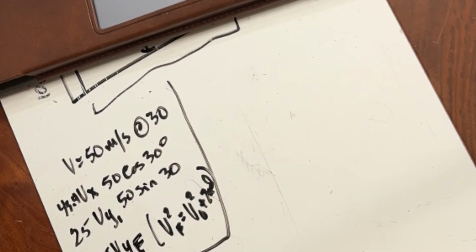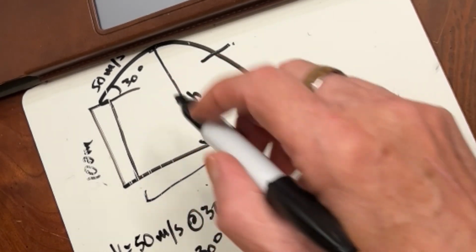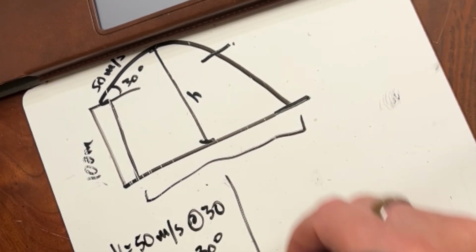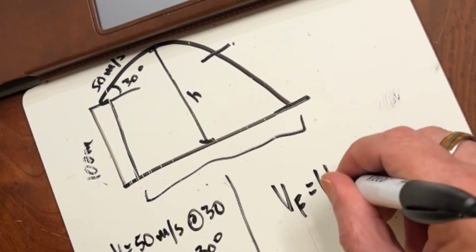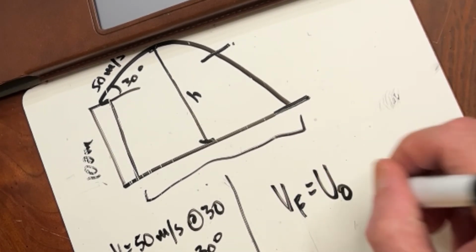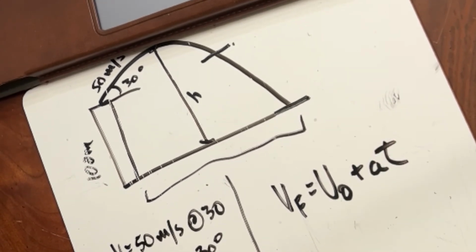The first thing that we'll do is find how long it takes the ball to get to the maximum height, in other words, right here, and how high that is off the ground. The formula that we're going to use is V final equals V initial plus acceleration times time.